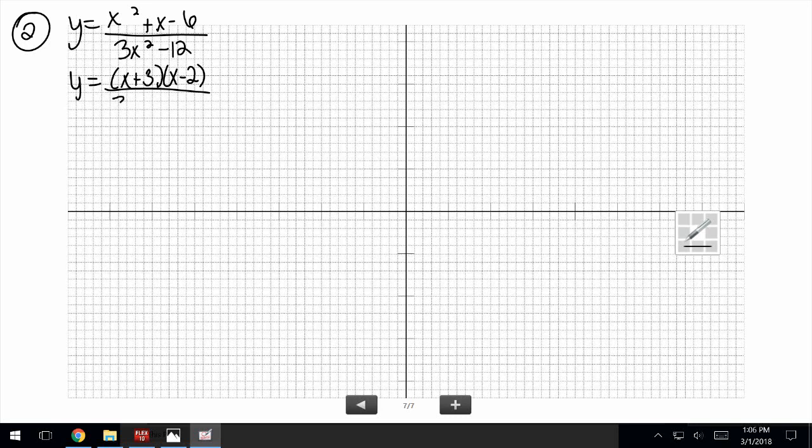GCF of 3 first. 3 times x squared minus 4, and then 3 is x plus 2, x minus 2. Very good. And then x plus 2 cancels. X minus 2's cancel, which means that's a hole. There you go.